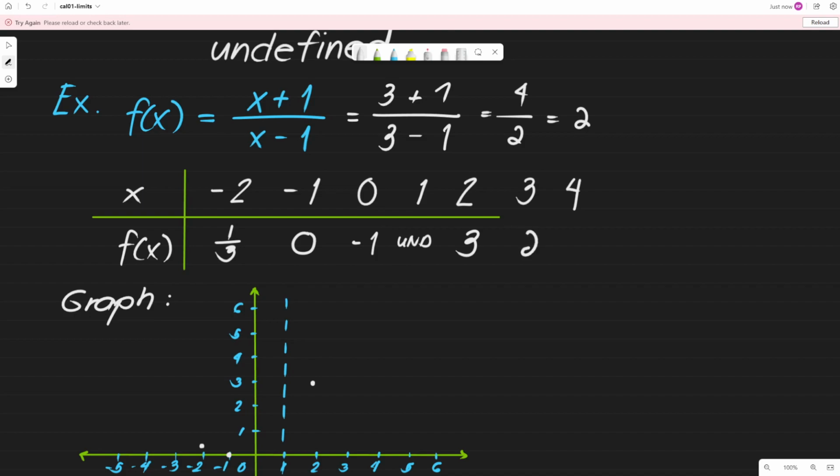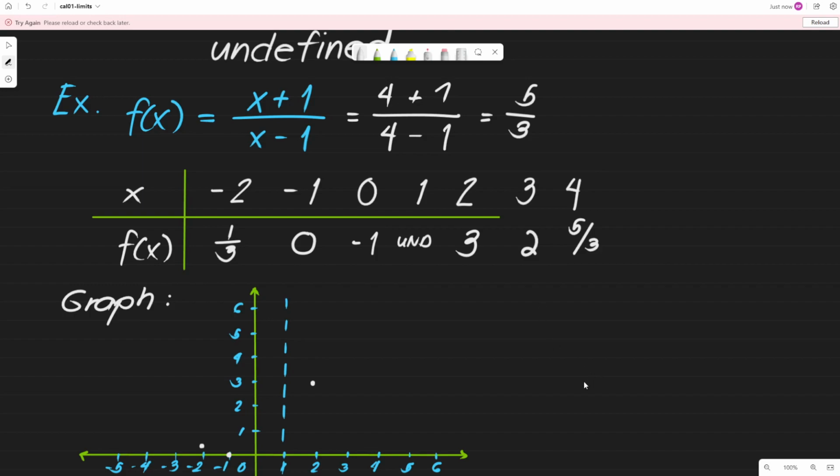Then for 4, we have 4 plus 1 is 5, 4 minus 1 is 3, so 5 thirds, which is equivalent to 1 and 2 thirds.